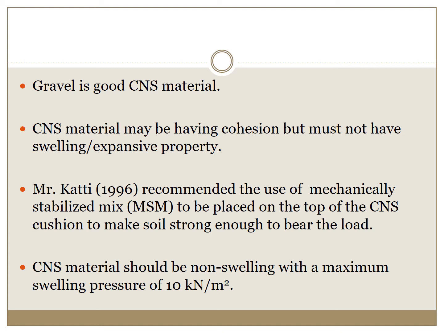Different types of CNC material are gravel and clay soil that contain a small quantity of montmorillonite. The CNC material should be non-swelling, with a maximum swelling pressure of 10 kilonewton per meter square.